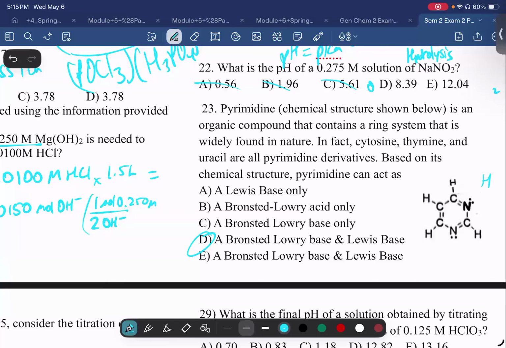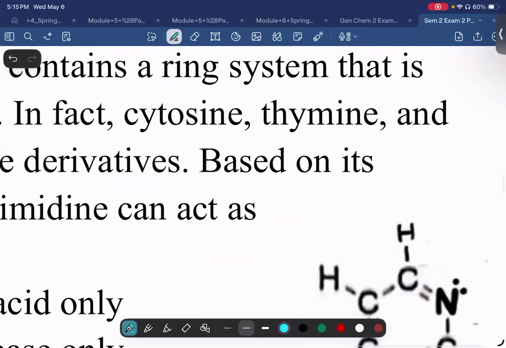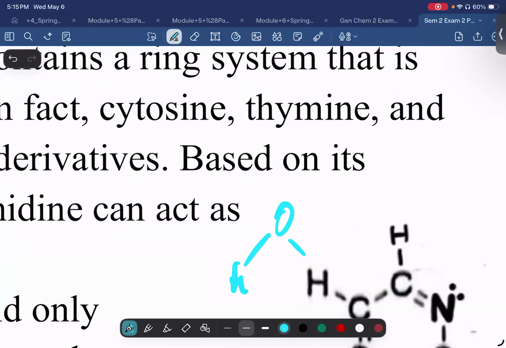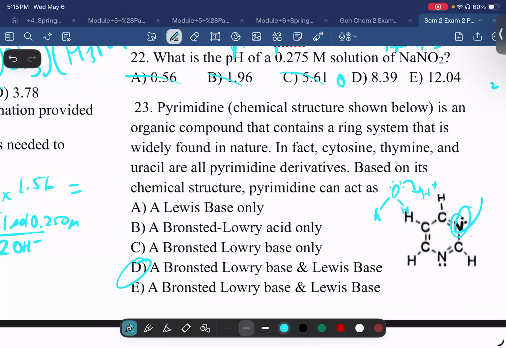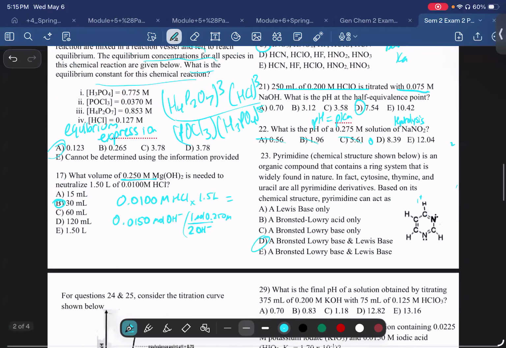It's very similar to that water concept. So like the water thing that I showed you guys, this is going to literally yoink the H plus there. And the same thing with this. Think about it like it's N with one lone pair connected to the carbon like that. So that's why D is the answer there.